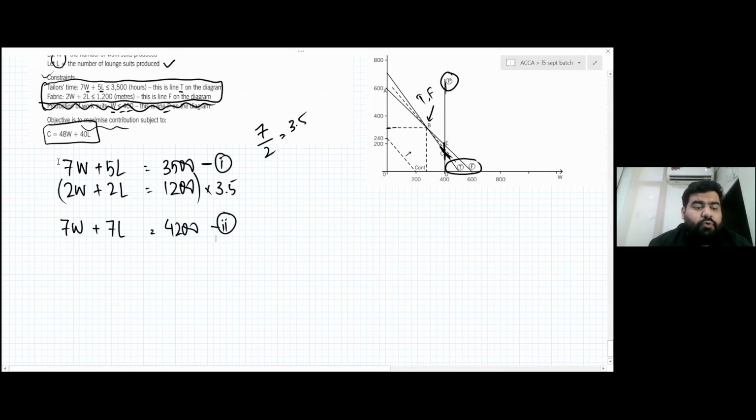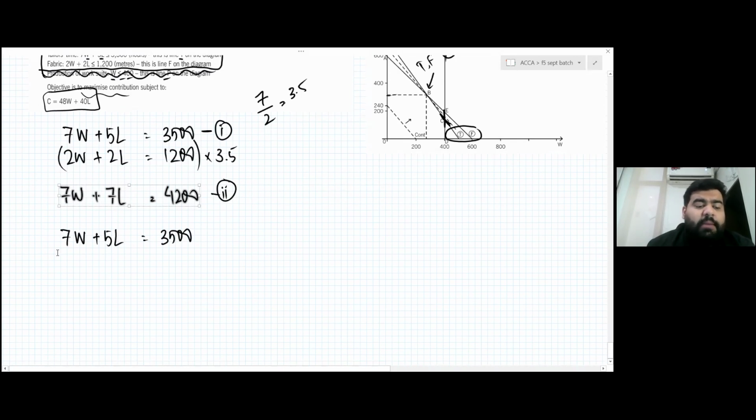Now what you have to do, again, is the same thing as we have done in the last question, 7W. But here, if you see, we are not increasing the unit of any of the constraints. We are just calculating the normal number of units, as we have done in the previous class, not in this class. We are not calculating the shadow price now. We'll calculate it afterwards.